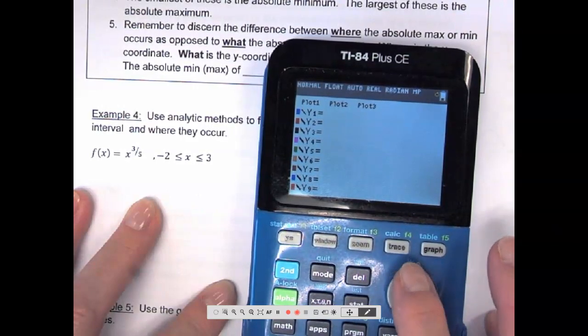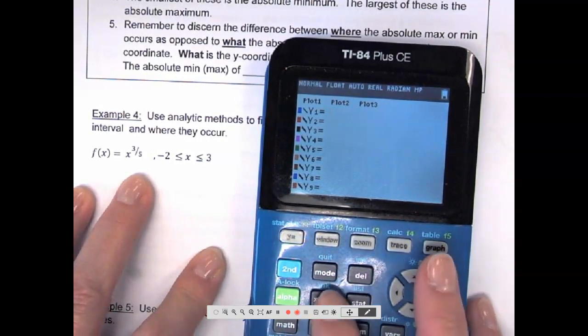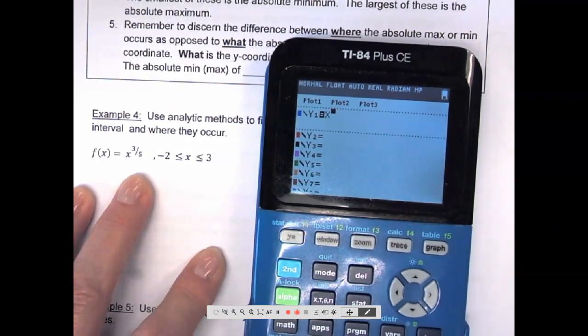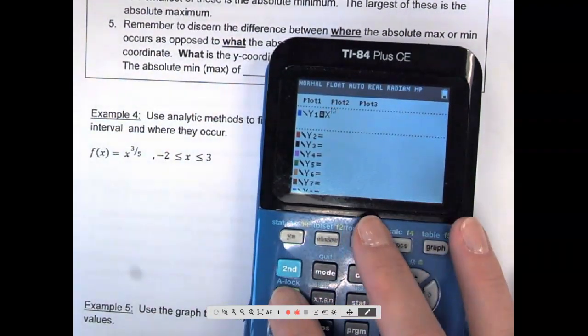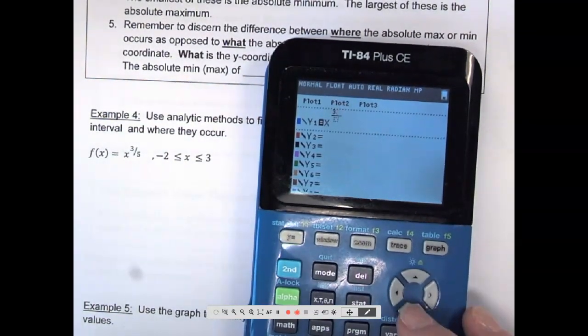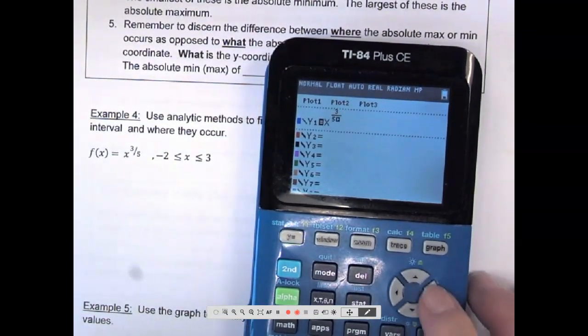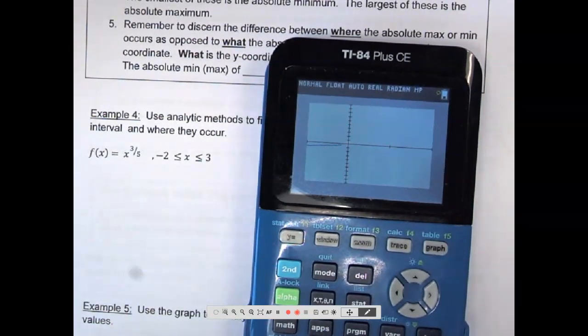And it's not something you should particularly know. X raised to the 3/5.